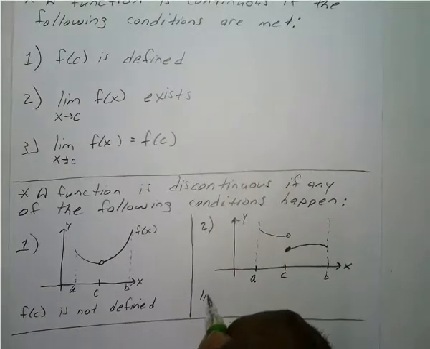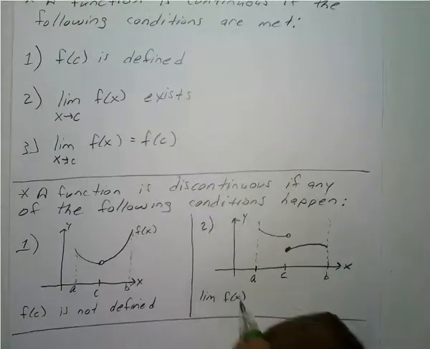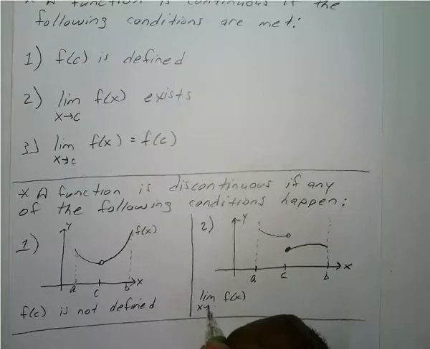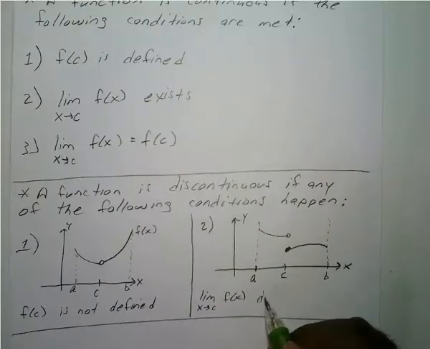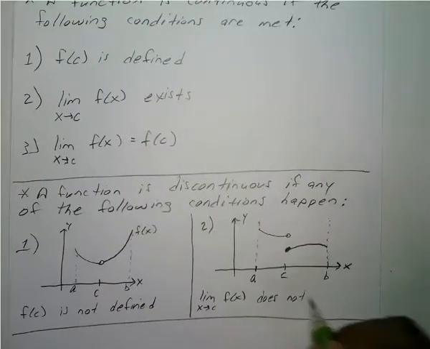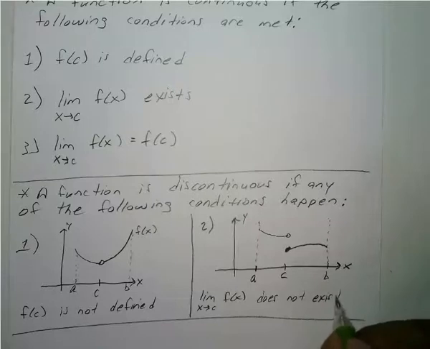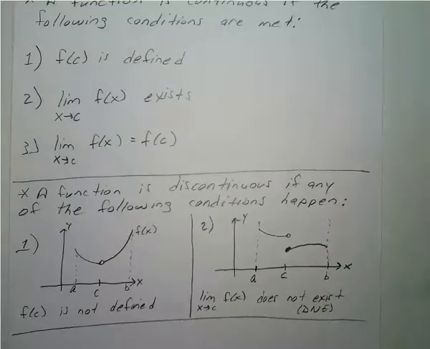So we see here that the limit of f of x as x approaches c does not exist, or just DNE. All right. So now we're going to look at the third condition.